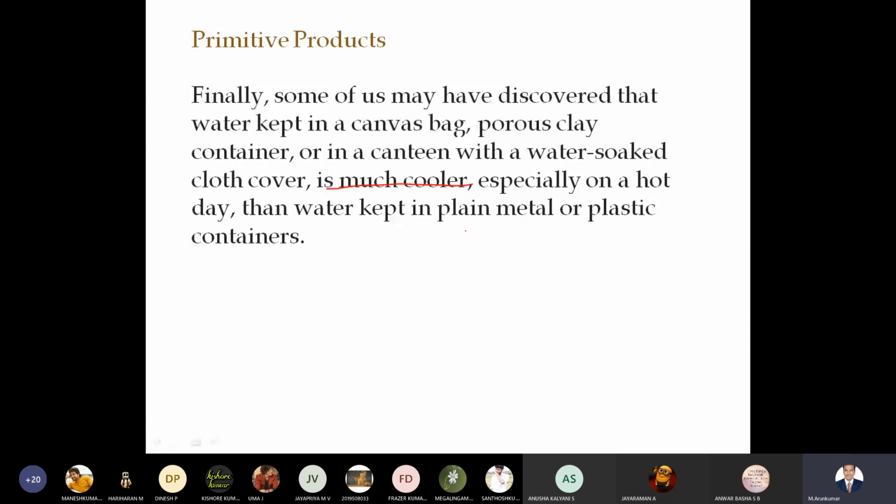You can differentiate these two. If you keep your water in a plain metal or plastic container, it is hotter compared with these primitive products like a canvas bag, a porous clay container like mud pots, or a canteen with a water soaked cloth cover. So this will be a cooler one.